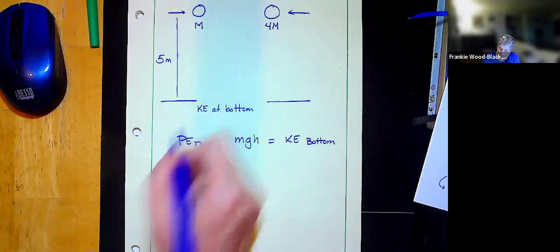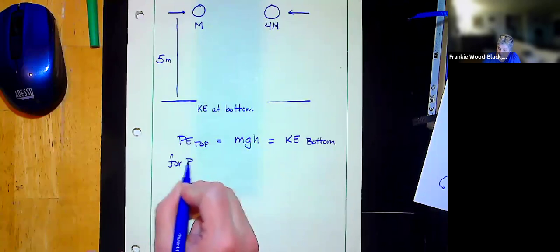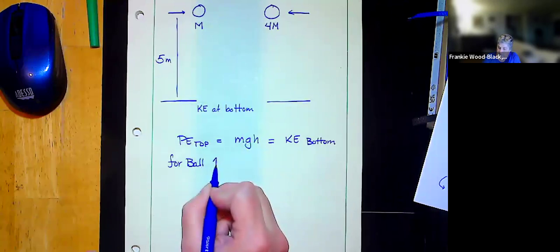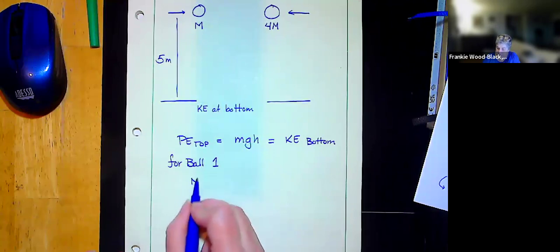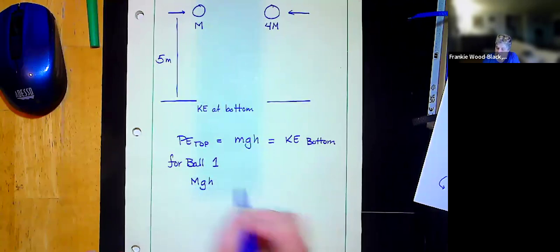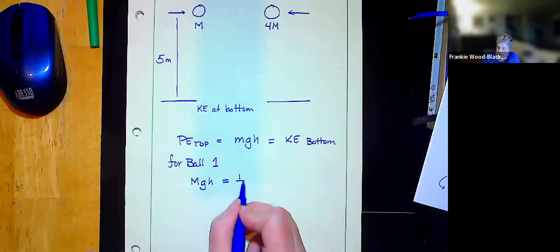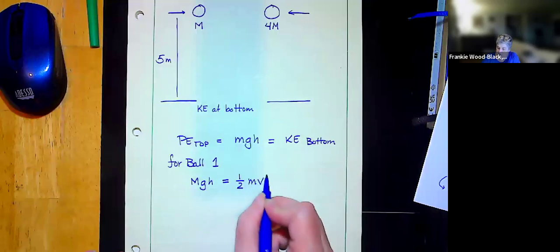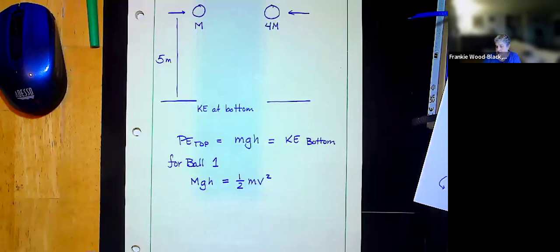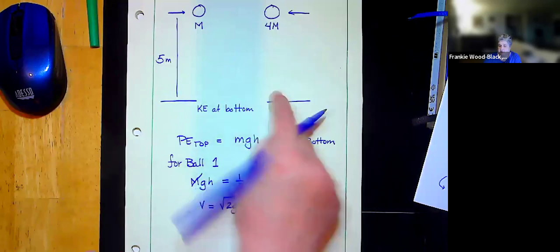So for ball 1, I get mgh is equal to 1/2 mv squared. Those m's are the same. V is going to equal the square root of 2gh. Guess what happens over here?